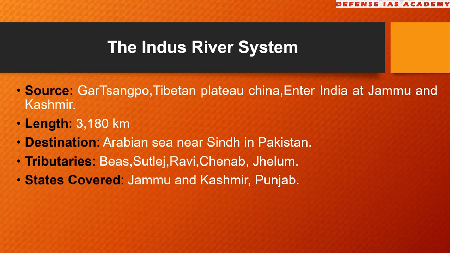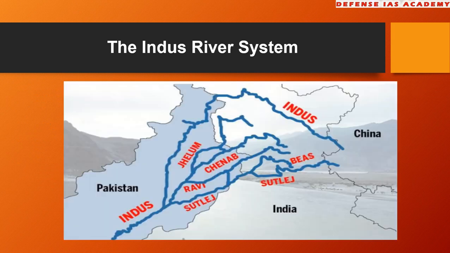It is 3,180 kilometers. The destination, where it drains into, is the Arabian Sea near Sindh in Pakistan. The tributaries are Beas, Satluj, Ravi, Chenab, Jhelum, and the states covered in India are Jammu and Kashmir and Punjab, and the other country covered is Pakistan.